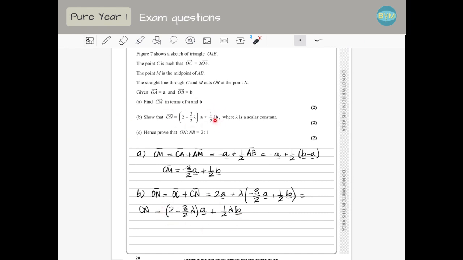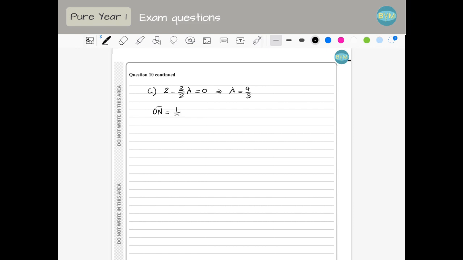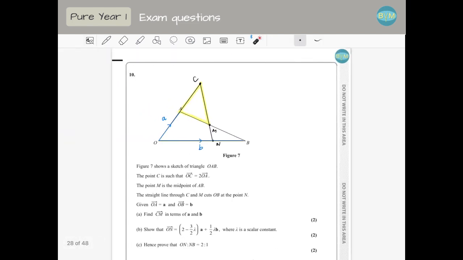When lambda is 4/3, vector ON is 1/2 times 4/3 b, which is 2/3 of b. So if ON is 2/3 of OB, that means this is 1/3. So the ratio is 2 to 1.